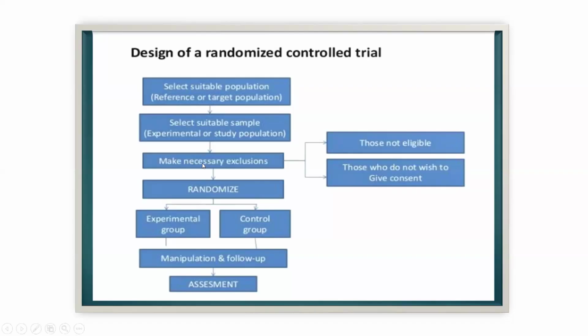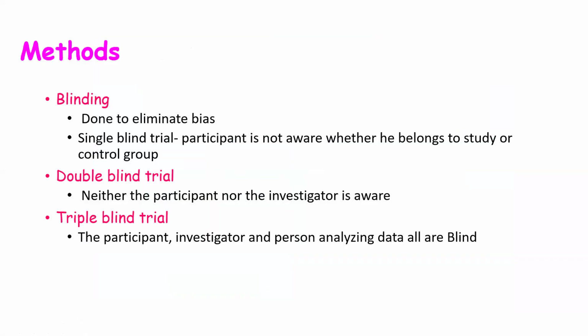In case of exclusion, those who are not eligible can be excluded, and those who do not wish to give consent. For any kind of research design, the consent form is ethically very important. So we have to be very keen on getting ethical clearance and also getting a consent form from the participants.